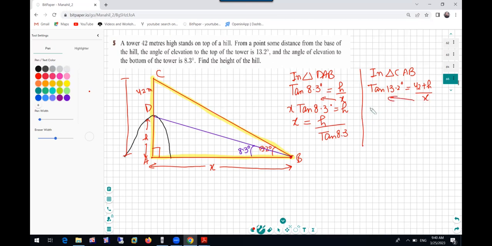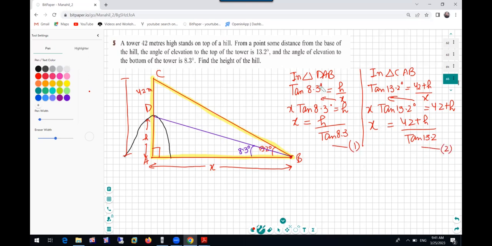Taking x to the other side, it will be x times tan 13.2 equals 42 plus h. Got it? Yeah. And then take this tan to the other side, so it will be x equal to 42 plus h divided by tan 13.2. Say this is equation 1 and this is equation 2.